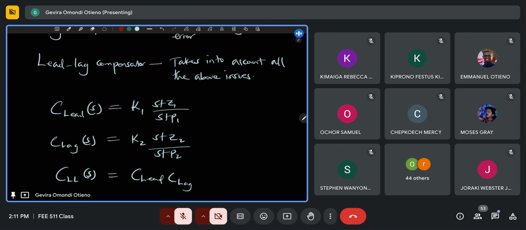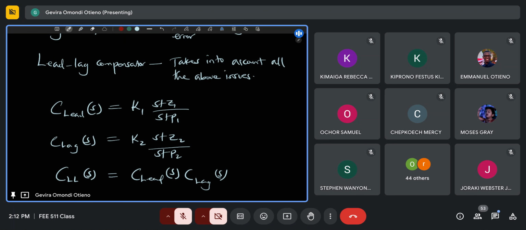So it's simply cascading both the lead compensator and the lag compensator together and joining the plant system, and then you have your solution. Okay, so that is left to you.